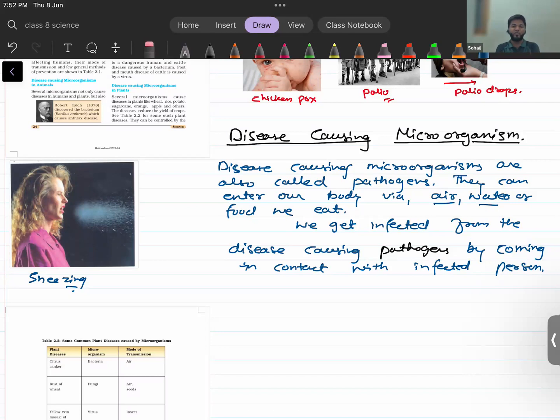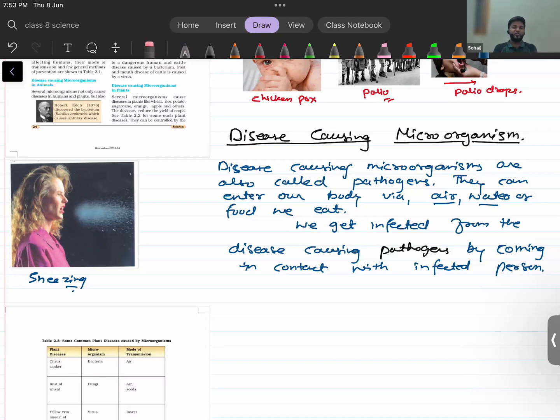The diseases we are talking about, which are spread by microorganisms, are also of two types. One can spread from one person to another, and one does not spread from one person to another. But in most cases, the disease caused by microorganisms is communicable. It can communicate from one person to another. And to be very specific, when we talk about microorganisms, we are not talking only about bacteria or viruses.